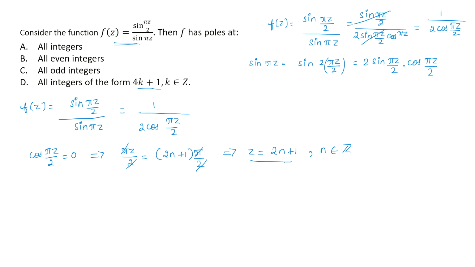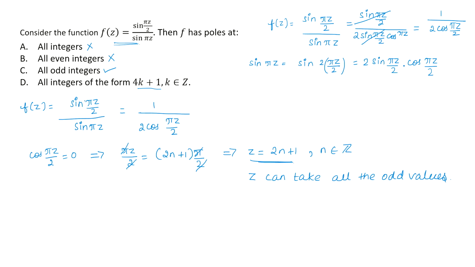As z = 2n+1, this means that z can take all the odd values. Hence, what can we conclude? Our first option, the set of all integers, is wrong, and the second option, the set of all even integers, is wrong. The third option, the set of all odd integers, is absolutely correct.